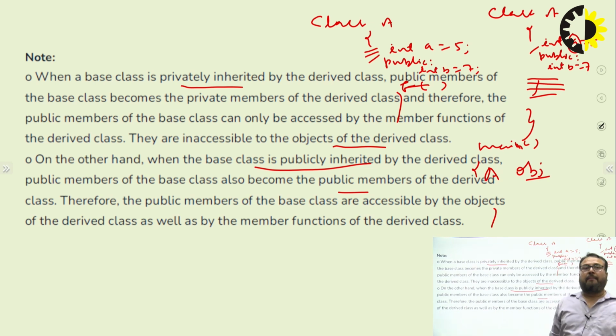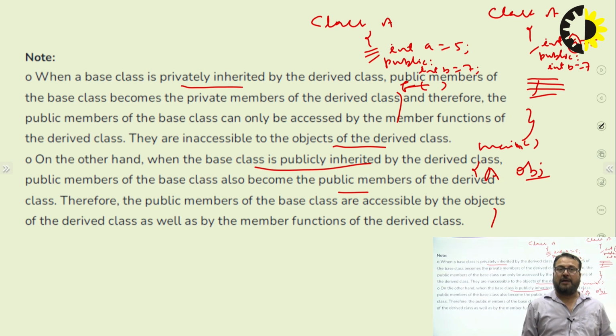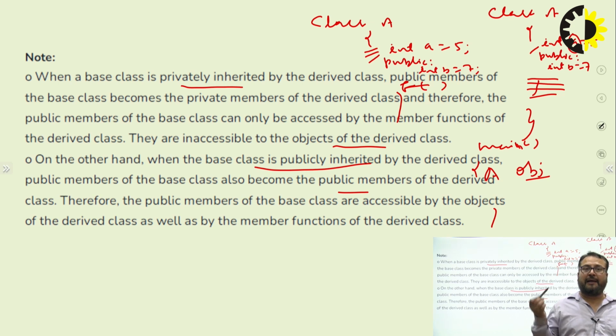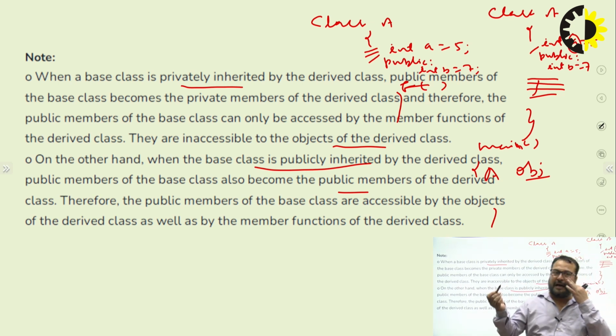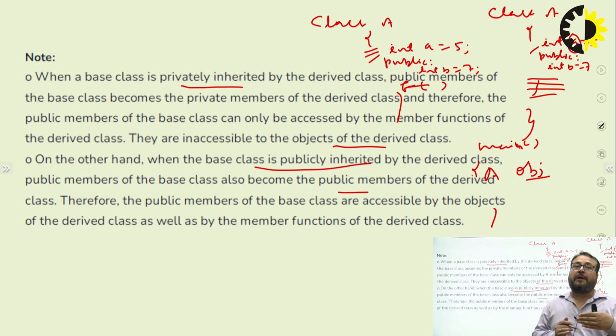Only the public member variables or functions could be accessed by the object of that class. Even if a base class is inherited privately by some derived class, while inheriting privately all its members become private to the derived class.